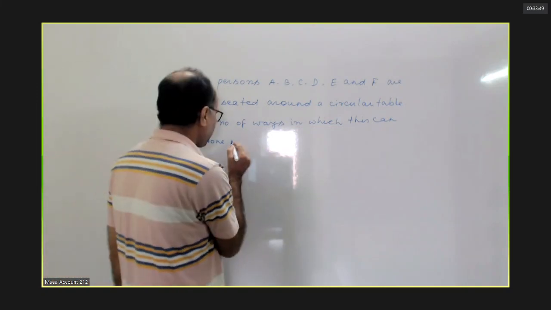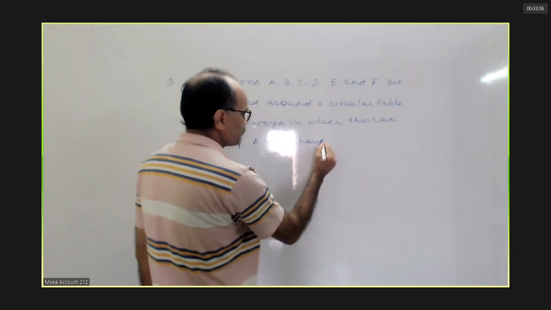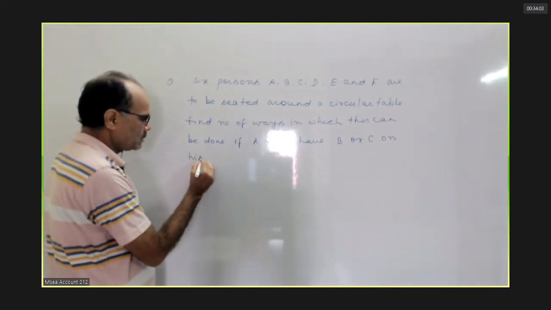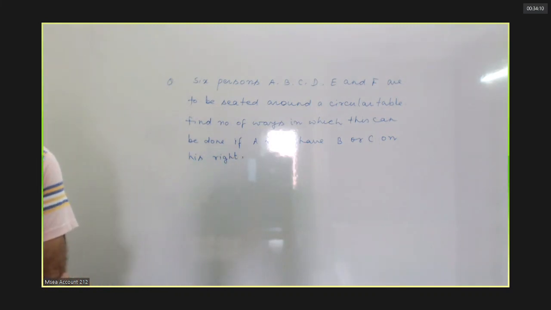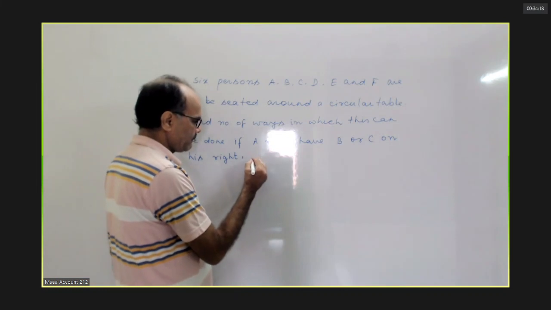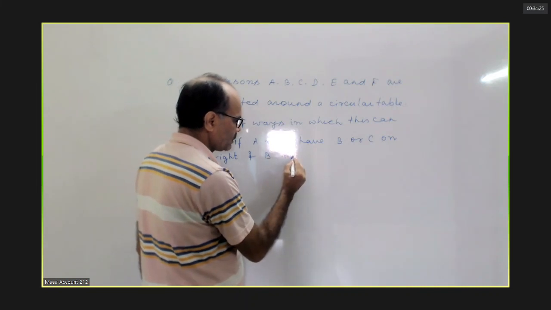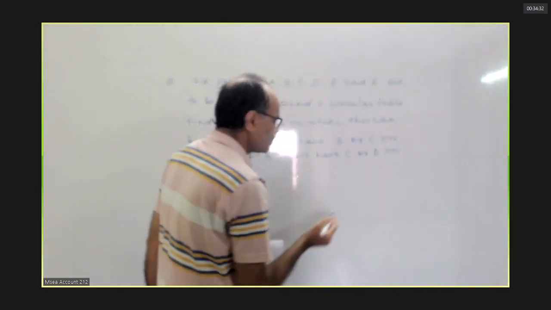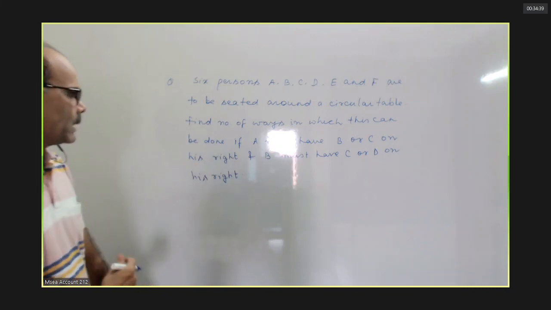If A must have B or C on his right, and B must have C or D on his right.